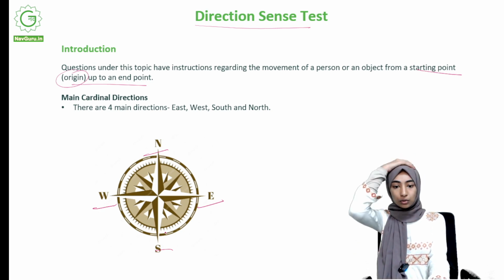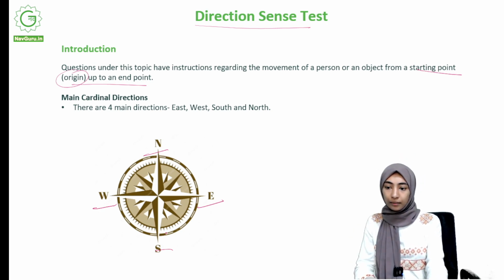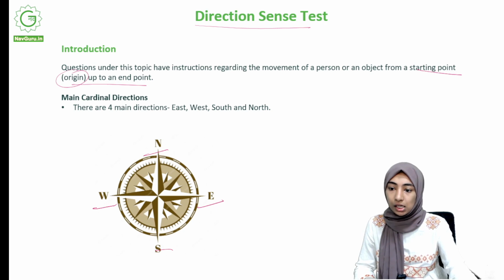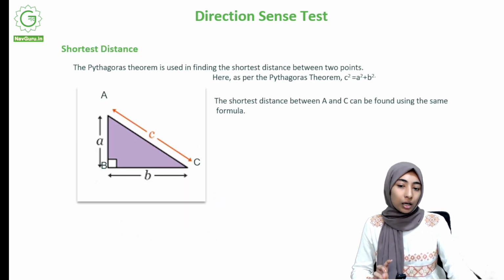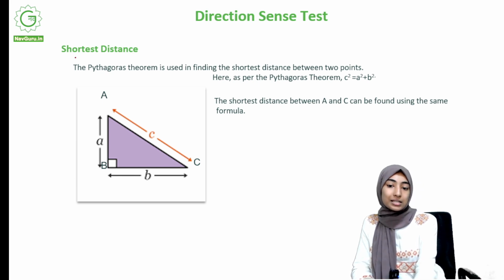All right, so now moving ahead, another important theory that you need here is how to find the shortest distance. This is an important theory that you need when you do questions that come under cardinal directions.